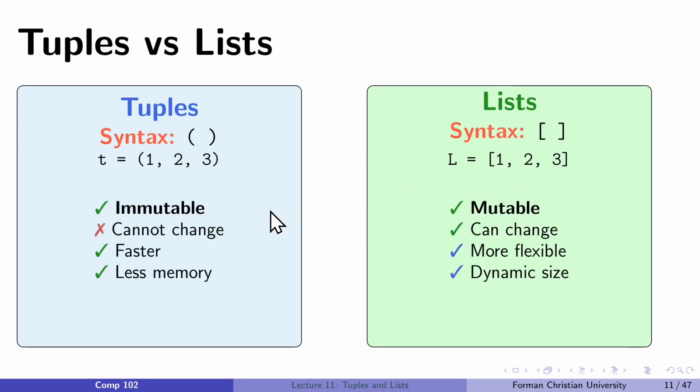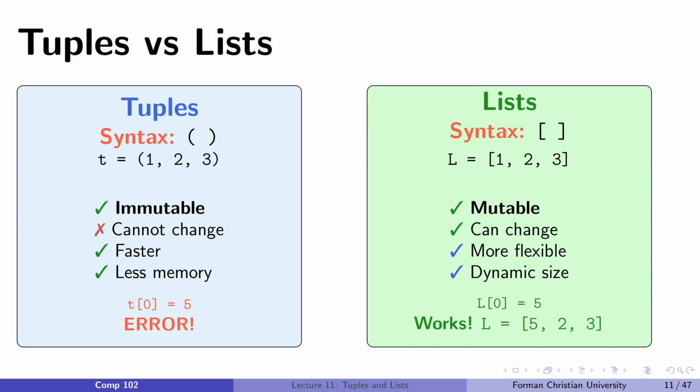Tuples are immutable, they're faster, and they consume less memory, whereas lists are mutable, much more flexible, and have a dynamic size. They're not fixed. If you try to change the first item of the tuple, for example, the item at index number 0, you'll get an error, just like a string.